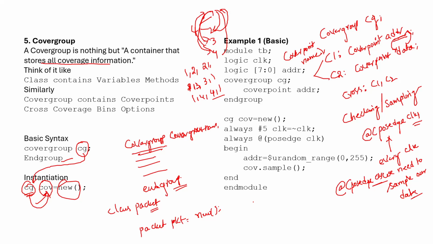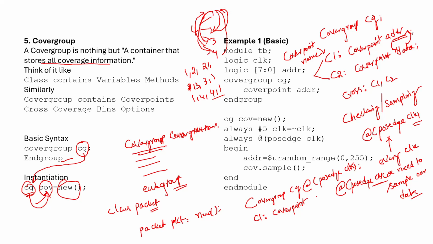syntax. So in this cover group, what are we writing? Cover group, cover group name, and then you are sampling at every posedge clock, at the rate posedge clock. Okay, at the rate posedge clock we are giving that, and then the cover point name. So c1 is the cover point, and then we are writing some cover point.